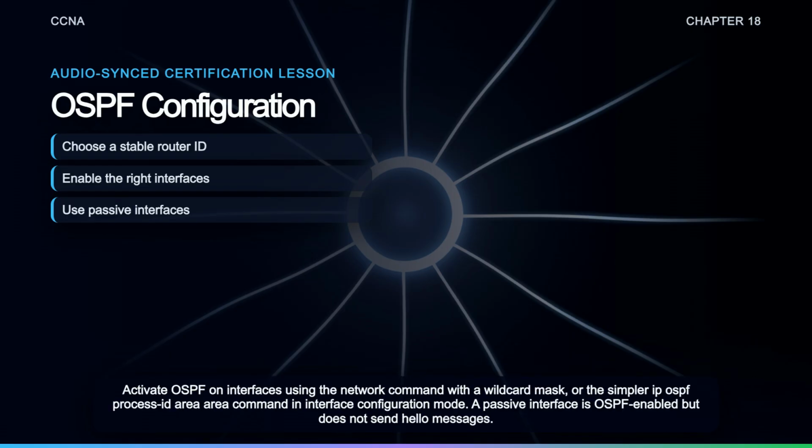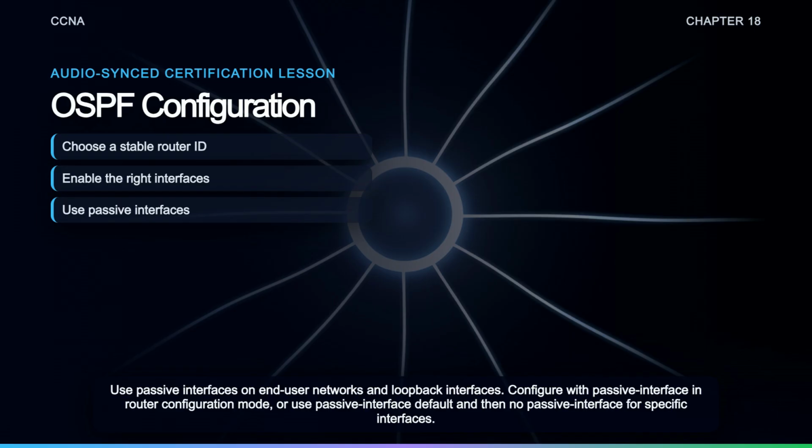Activate OSPF on interfaces using the network command with a wildcard mask, or the simpler IP OSPF process-ID area command in interface configuration mode. A passive interface is OSPF enabled but does not send hello messages. Use passive interfaces on end-user networks and loopback interfaces.